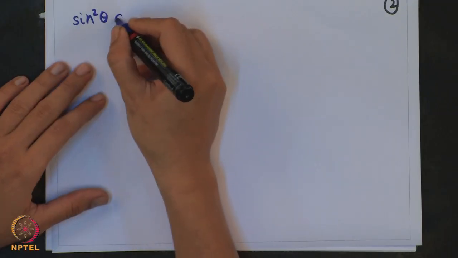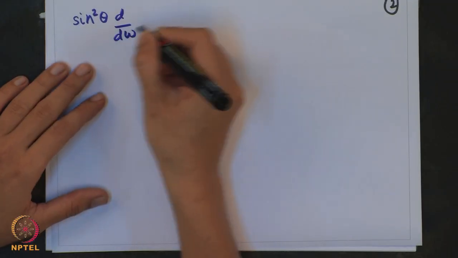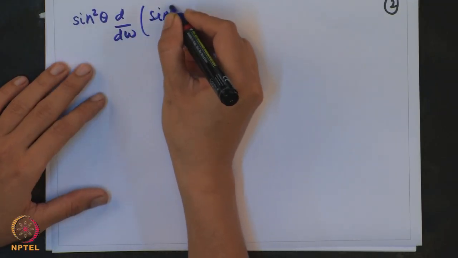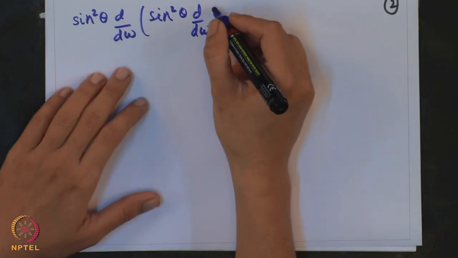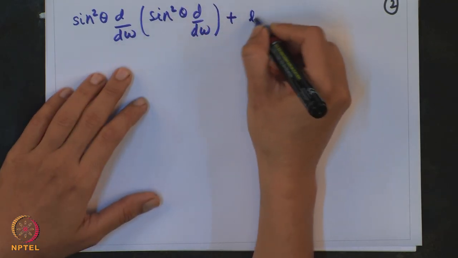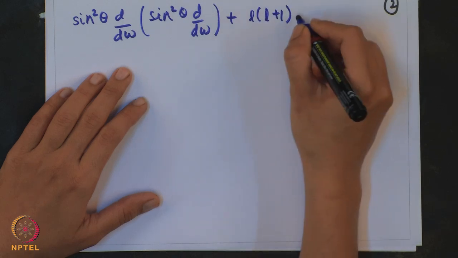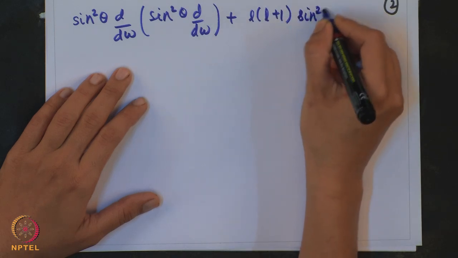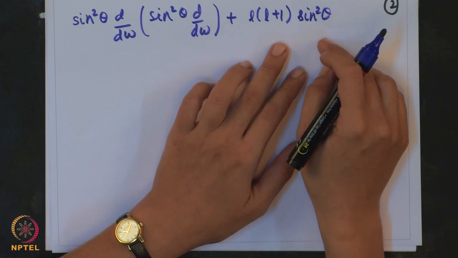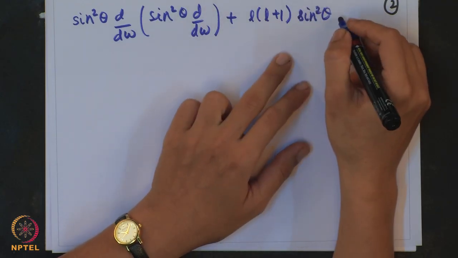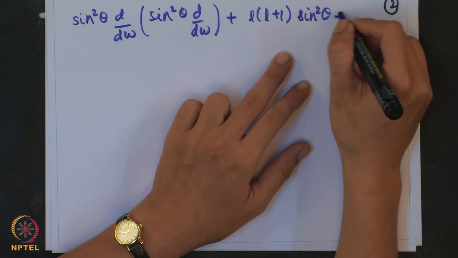So, this will become dou by dou omega, sin square theta d by d omega, plus L into L plus 1 sin square theta, and because I am multiplying throughout by capital Theta, I will have an additional term here.